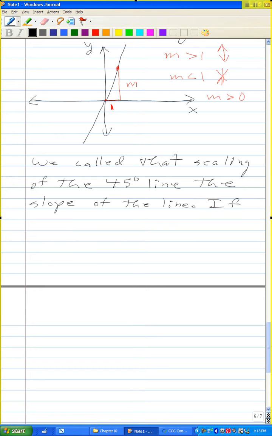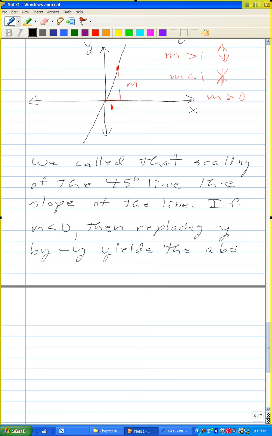So note that if m is less than 0, then replacing y by negative y yields the above graph, but with a negative slope.